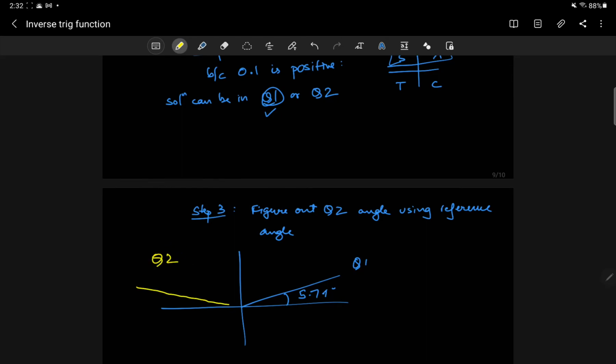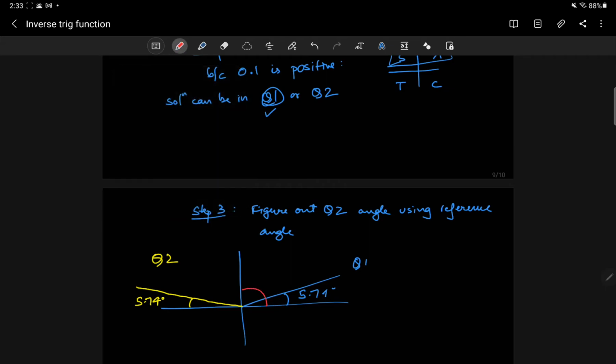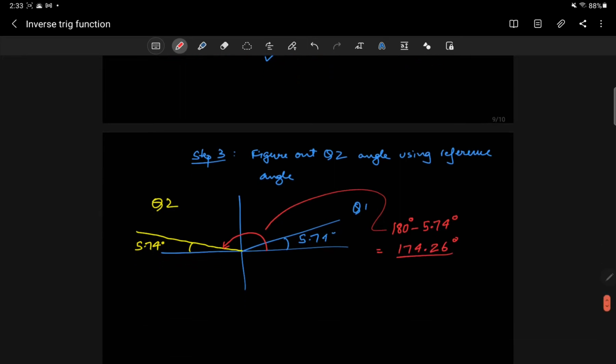So if I draw a quadrant 2 angle and I want the same reference angle, then this must be 5.74 degrees, which means that the actual measure of this angle must be 180 degrees minus 5.74 degrees, that is 174.26 degrees.